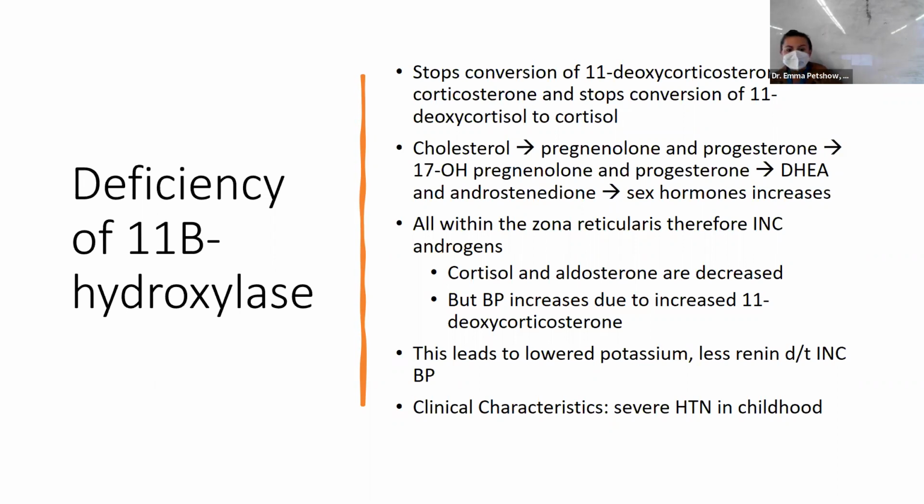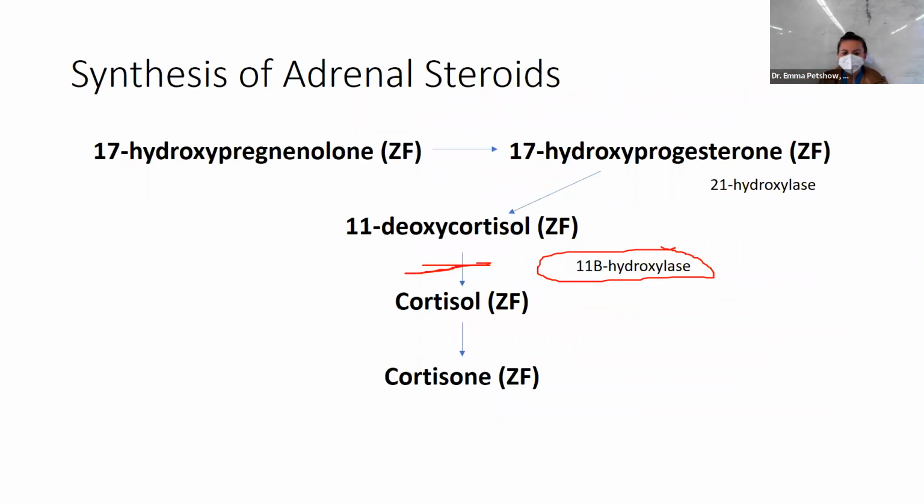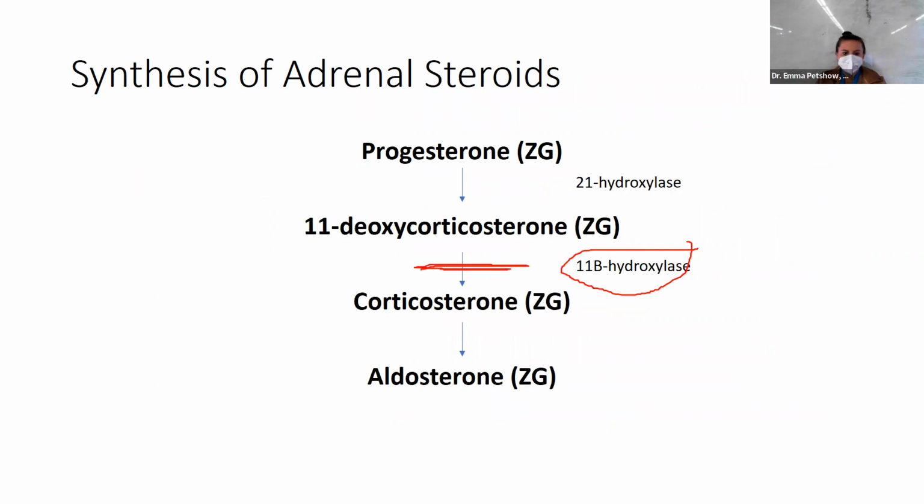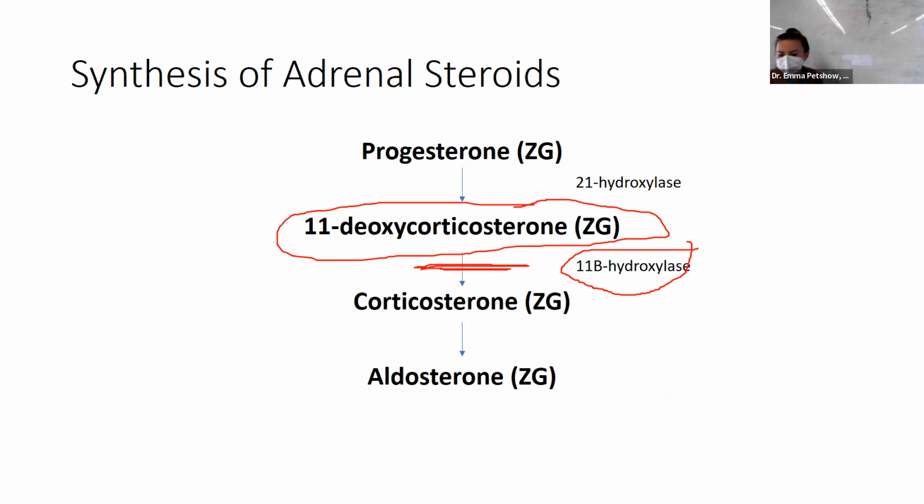It's like, why? The reason why is 11-deoxycorticosterone actually causes blood pressure increasing abilities similar to aldosterone without the direct effects on kidney metabolism with ions. So what you're going to see is elevated blood pressure in this condition with still low potassium.